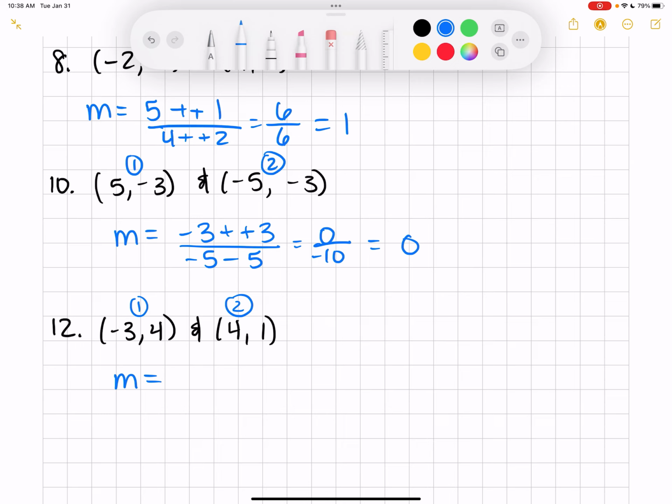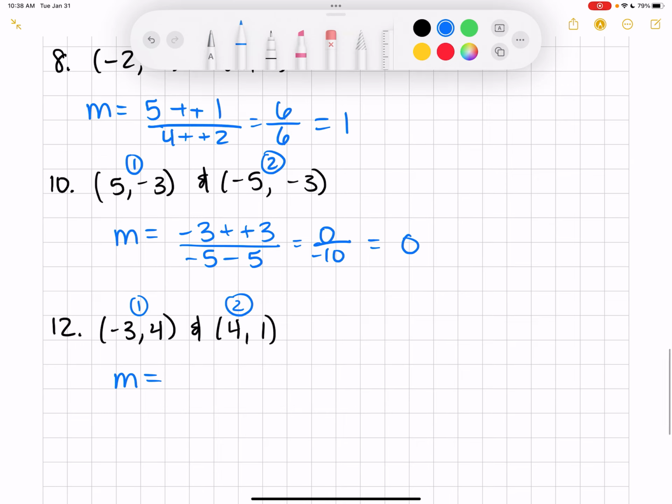Oh wait, no, 1 minus 4. If you were to flip them, I don't know if you were looking at the x4 or the y4 in the first point, you can flip them and we can look at it, it would show that it would be the same thing. If we did 4, 1 and then negative 3, 4, we'll show that it comes out the same, just so that y'all can see that it doesn't matter.